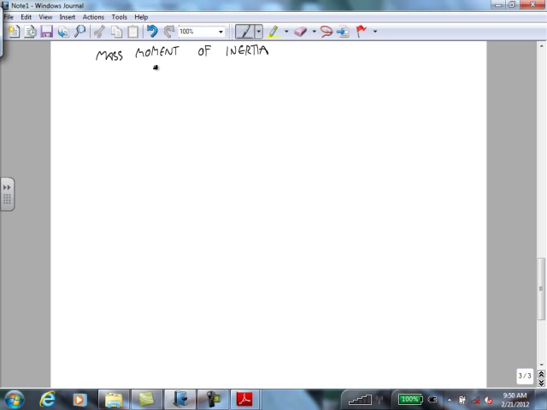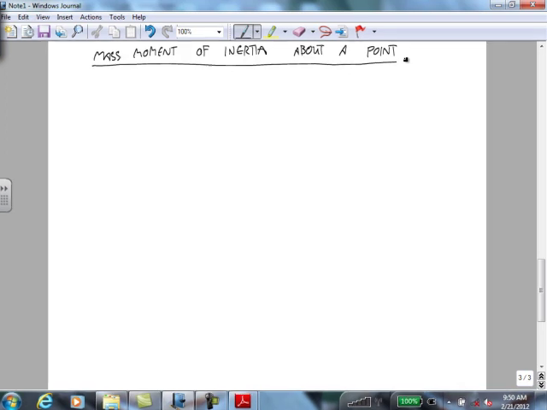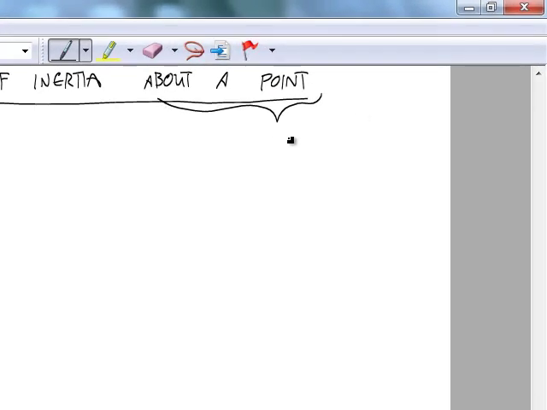People say moment of inertia. This is the mass moment of inertia about a point. So about a point, you need to know this or you can't calculate it.